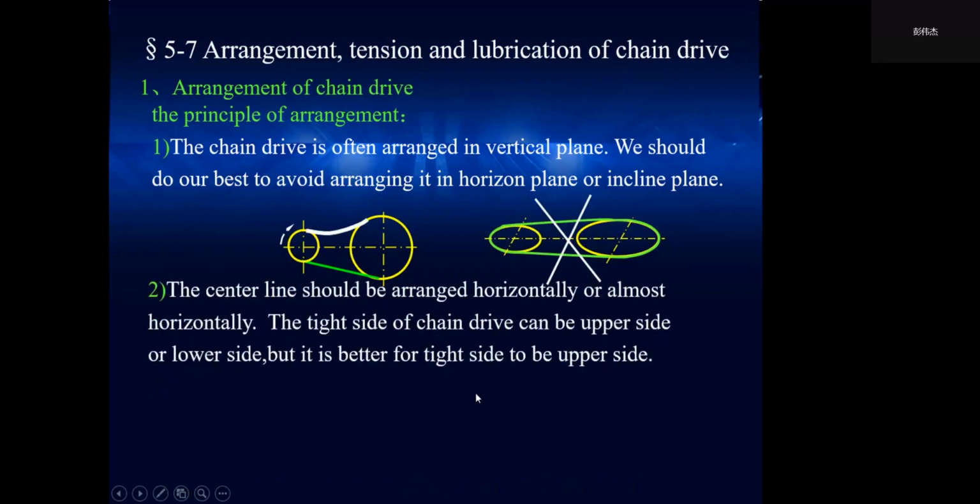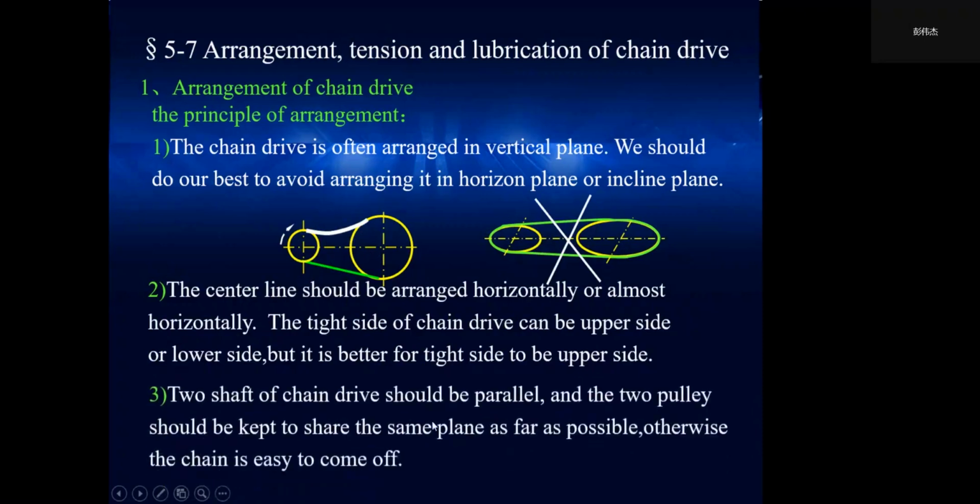The tight side of the chain drive can be the upper side or lower side, but it is better for the tight side to be upside. And third, two shafts of chain drive should be parallel, and the two pulleys should be kept in the same plane as far as possible.